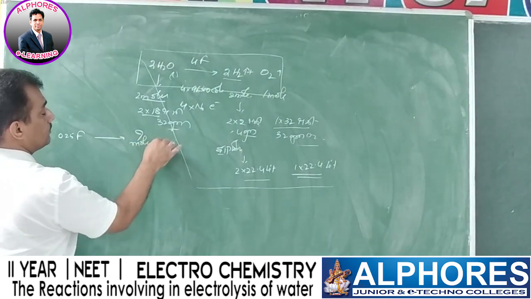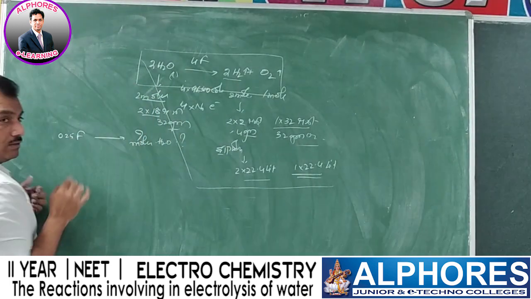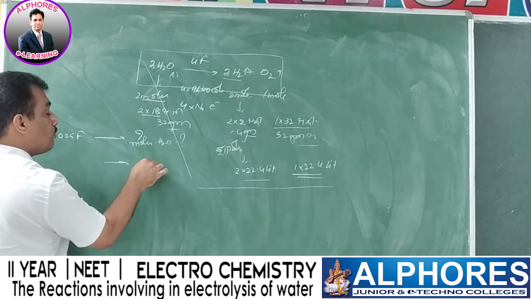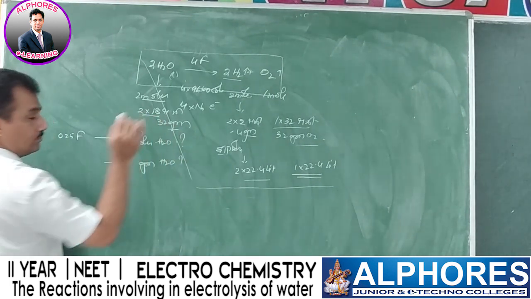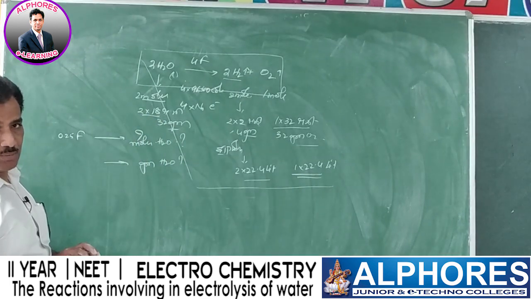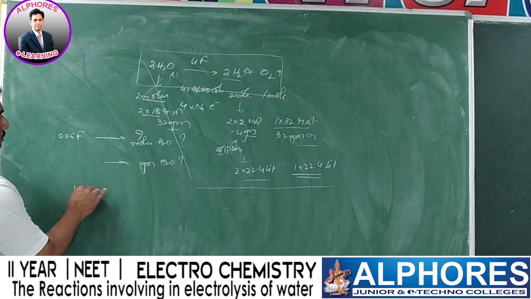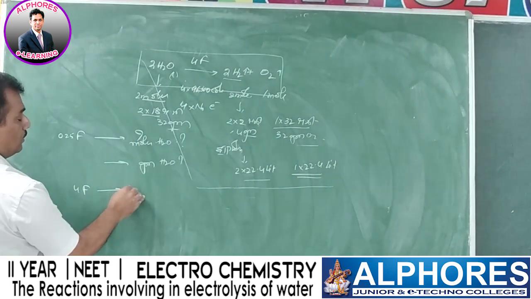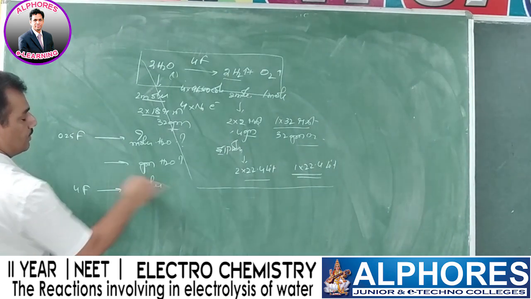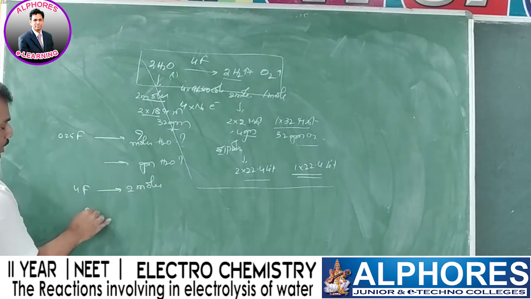In case they are asking for moles, you can say 4 Faradays electrolyze 2 moles. Is it not? Then 0.25 Faradays will electrolyze how much? It is nothing but 2 by 4 into 0.25, whatever answer you get.